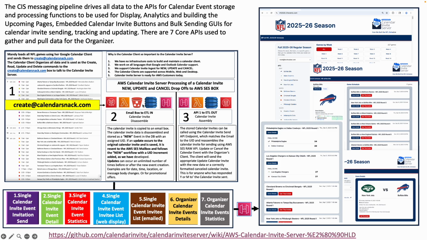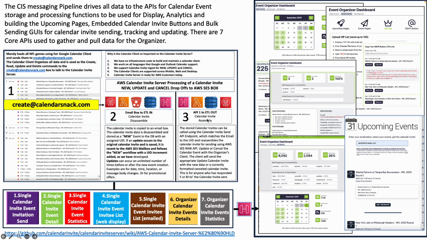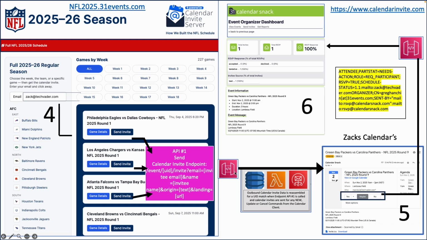And then upon recall or hydration, when the API 1 is called right here, we rehydrate the data out of the database, we reassemble the calendar invite, and we send it back out to Zach. So that's what happened.